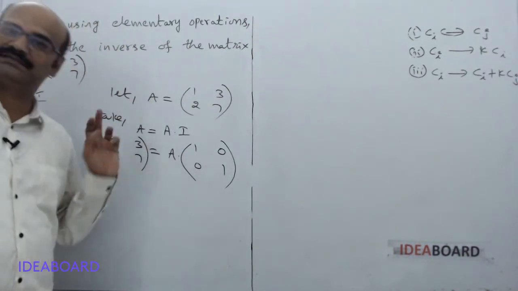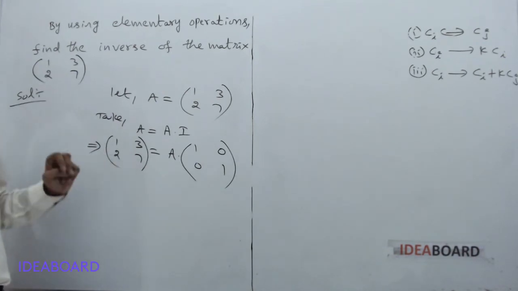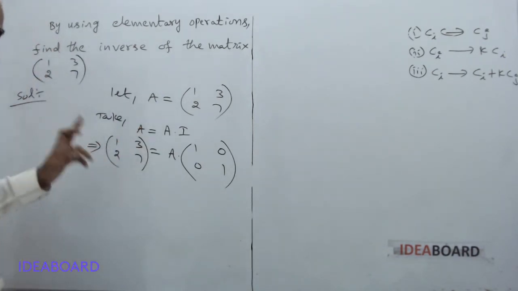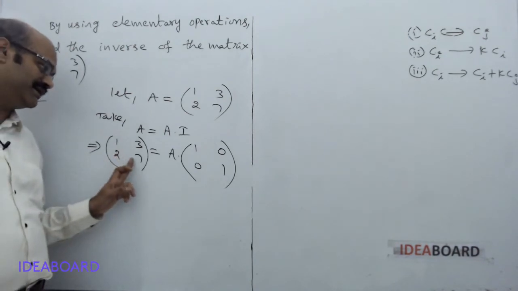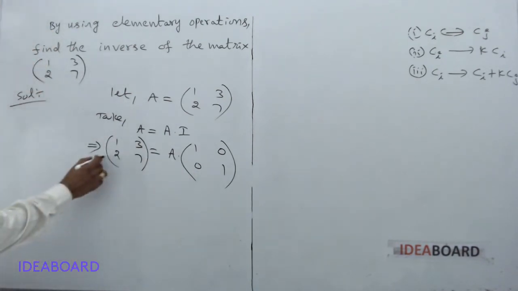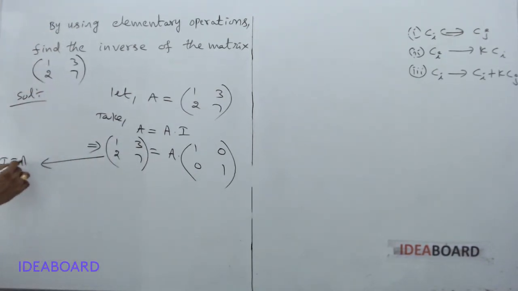I means identity matrix. Now, our target is we should get I equal to AB.